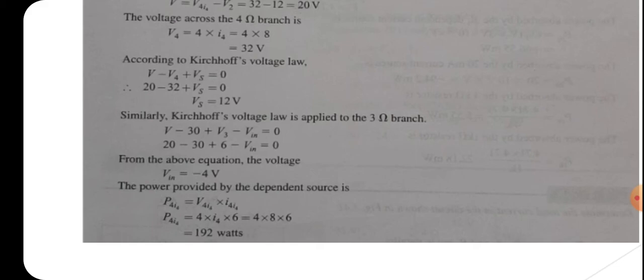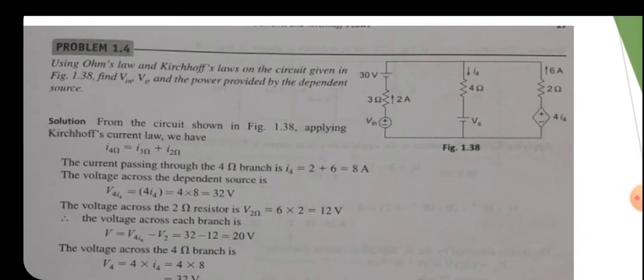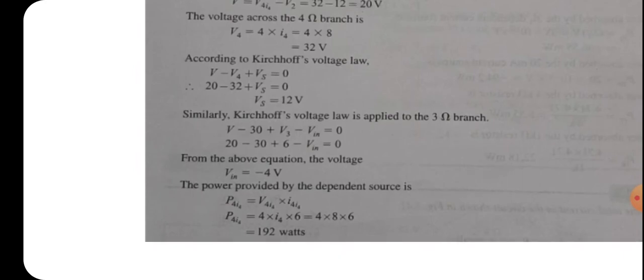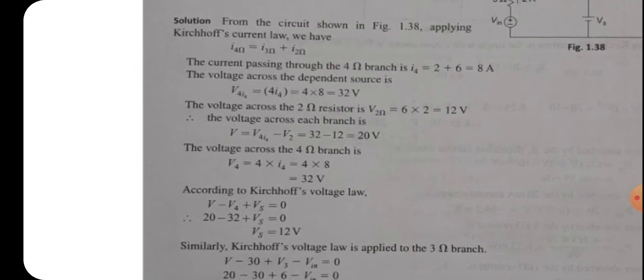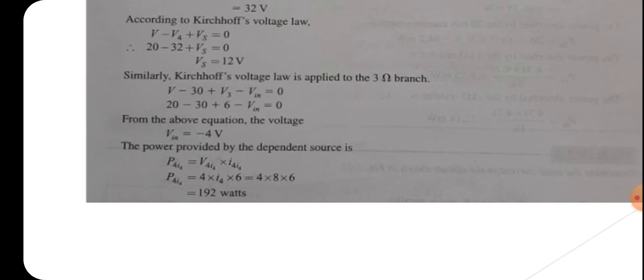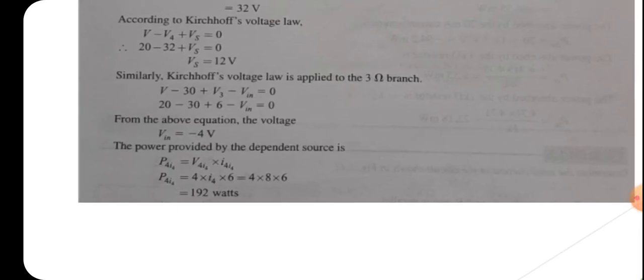That means P will be equal to 4I4 times I4. What is the value of I4? I4 is equal to 8 ampere, and the current is shown in the diagram as 6 ampere. So you can substitute 4 into 8 into 6, that will be equal to 192 watts.